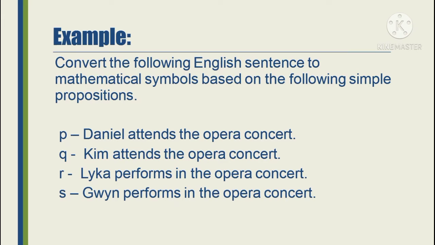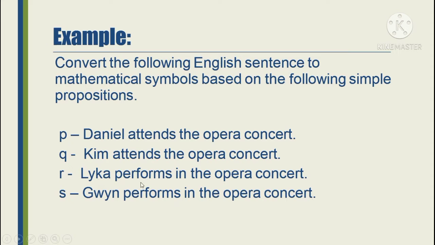Okay. So, example natin class, convert the following English sentence to mathematical symbols based on the following simple propositions. Let P, Daniel attends the opera concert. Let Q, Kim attends the opera concert.